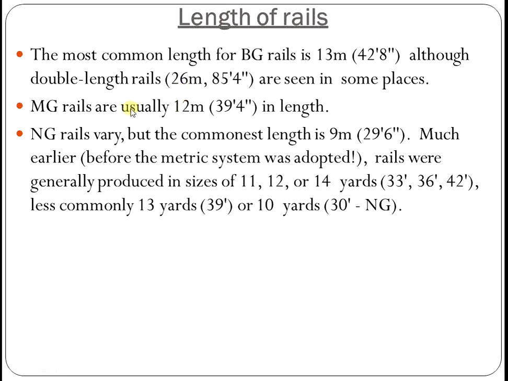In meter gauge, as per the situation, the length of the rail is 12 meter, and where needed for narrow gauge, the length is 9 meter, or either we use 11, 12 or 40 yards, or less commonly 30 yards or 10 yards. It totally depends on the situation and the actual requirement of the site.